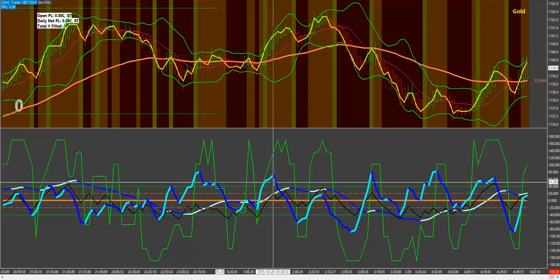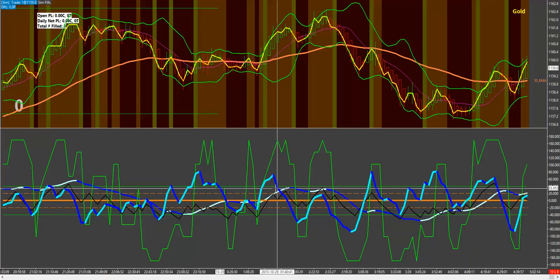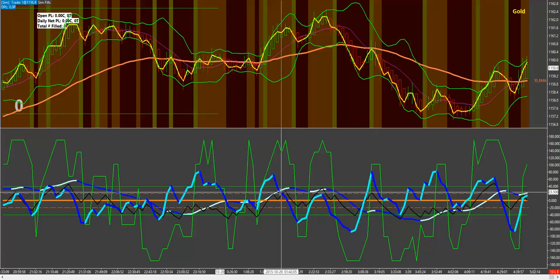Where do we exit? Right here, as the blue MACD turns and heads back into the mids. And the ultimate exit right here, as blue MACD crosses the white MACD. You need to exit. Can we pick up this continued uptrend?